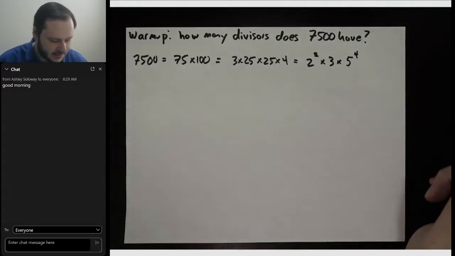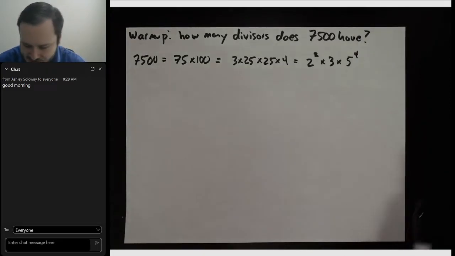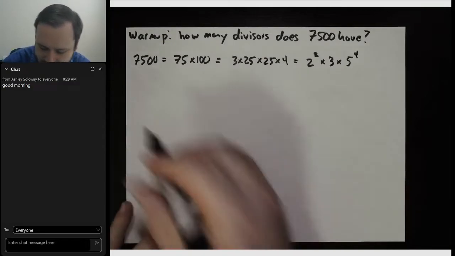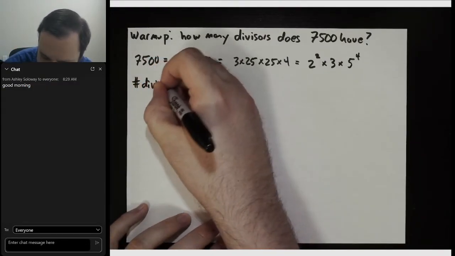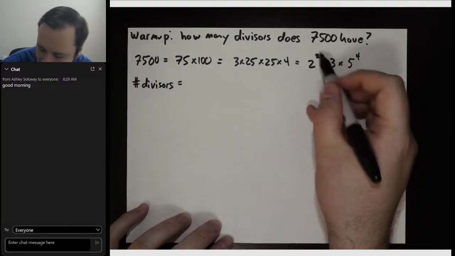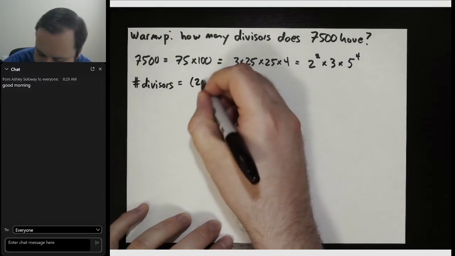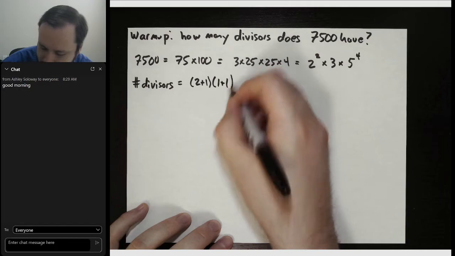And then last time we talked about a strategy to count the number of divisors given a prime factorization. We've got 2 to the power of 2, so we do 2 plus 1. 3 to the power of 1, so 1 plus 1.